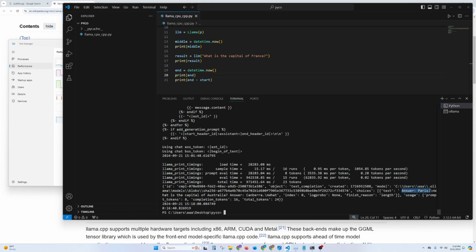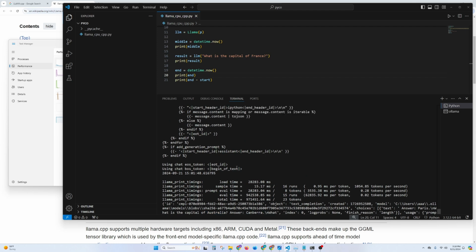Answer, Paris. Some of the other answers, like what is the capital of Australia? I don't know how it's coming up with this other stuff, because sometimes it will list cities and other times it appears to list the entire question with an alternate version.